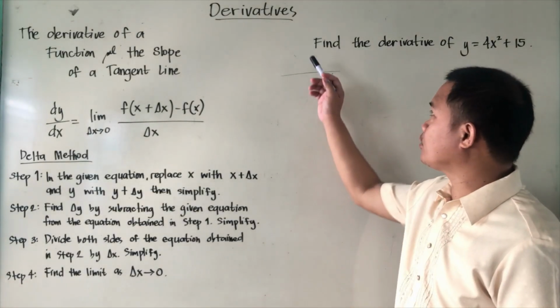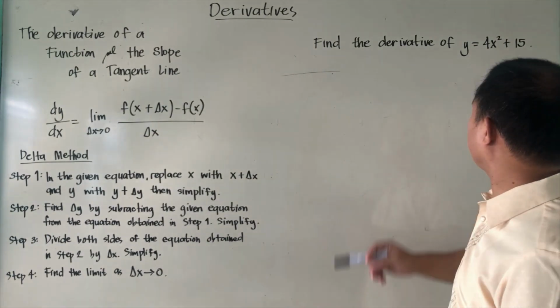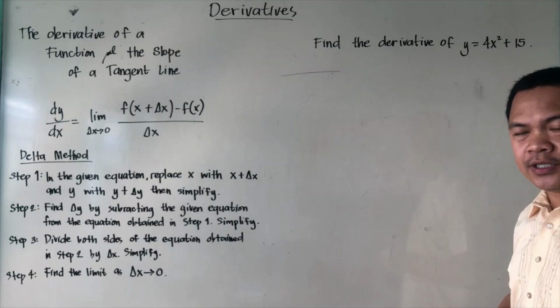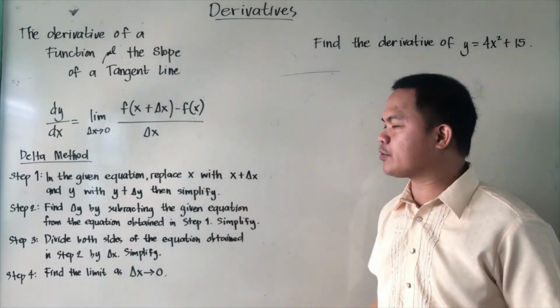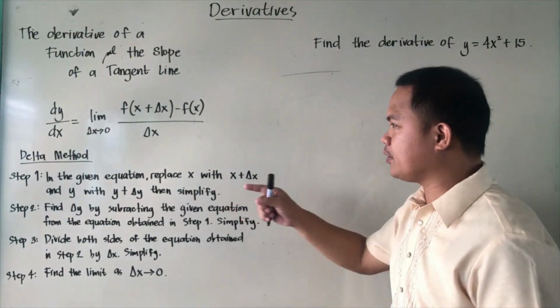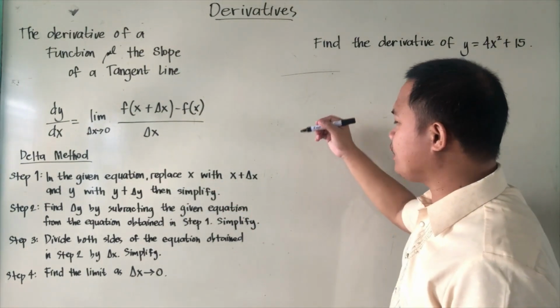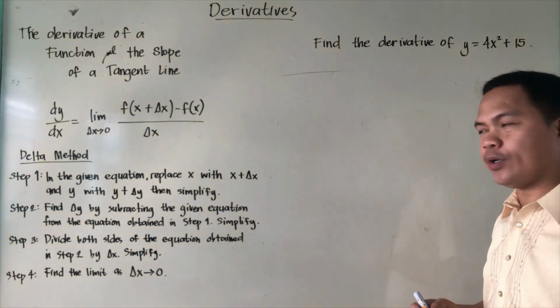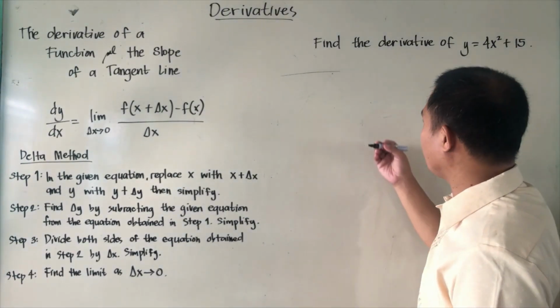Let us come now to find the derivative of y equals 4x squared plus 15. Insofar as the delta method is concerned, we're going to use it. So the first step that we're going to use here is we need to replace x with x plus delta x and y with y plus delta y.